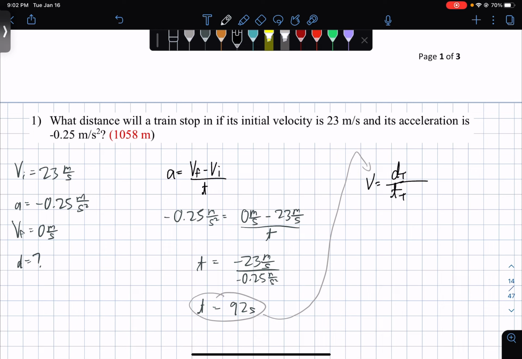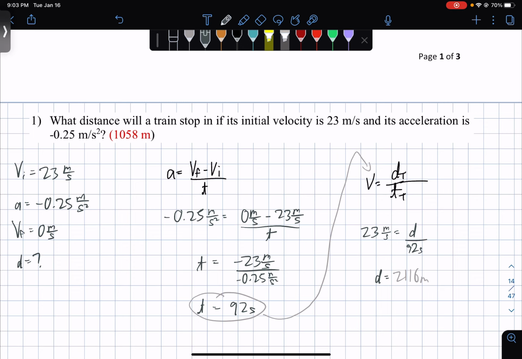And we're given a velocity. So let's try the initial velocity, 23 meters per second, and the distance is missing. Total time traveled was 92 seconds. Multiply both sides by 92. 92 times 23 is 2116. Something's wrong.